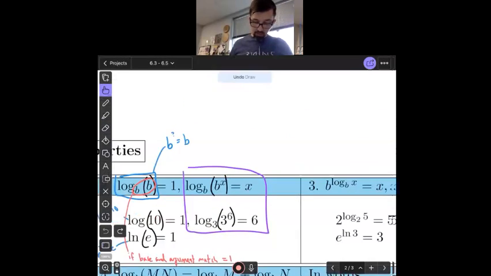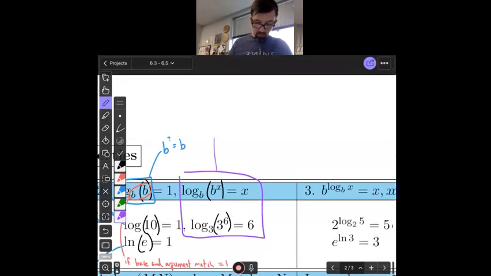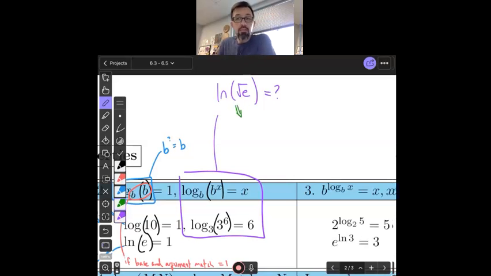So what if I talk about this? What's the natural log of the square root of e equal to? We should be able to figure that out. So what does it mean? What's the natural log of the square root of e mean?